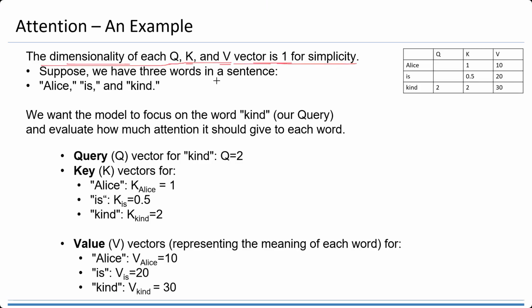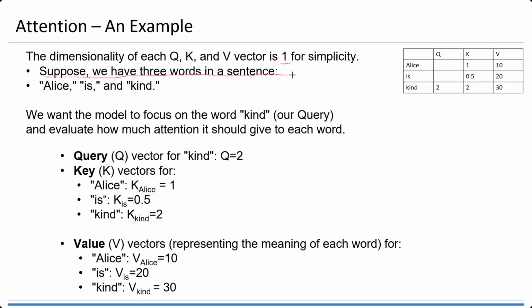But actually later on, if you look at K, Q, and V, the dimensionality is not 1. It will be very huge, maybe sometimes 10,000. In some cases, a big model can have like 10 million, or in some other large language models, you have like 17 billion parameters and so on. So now let's make it very simple with one dimension.